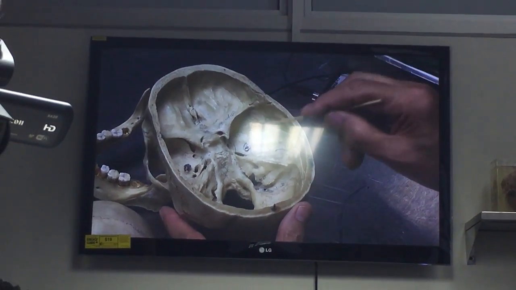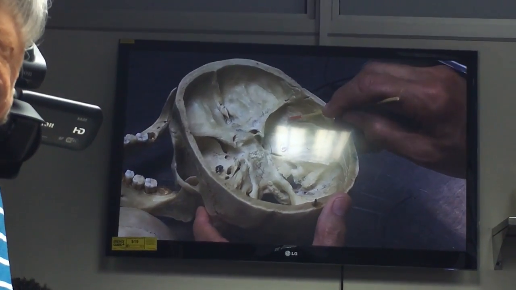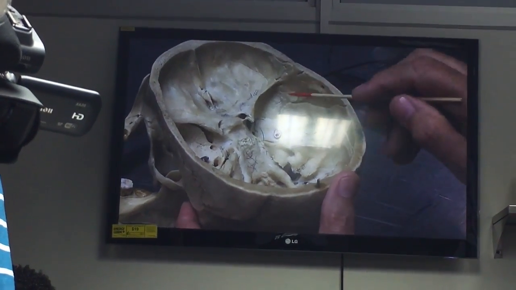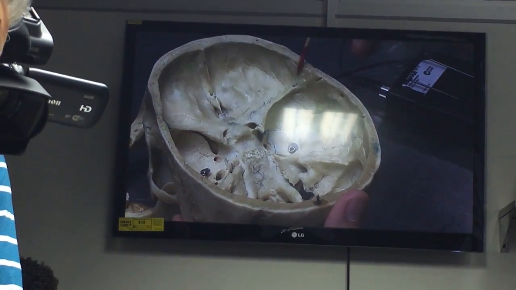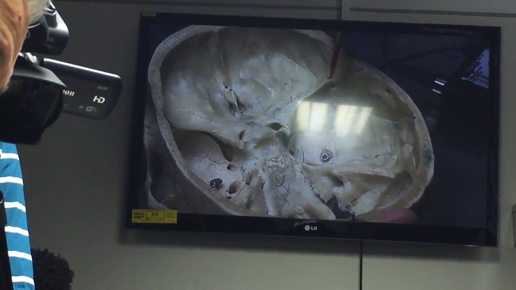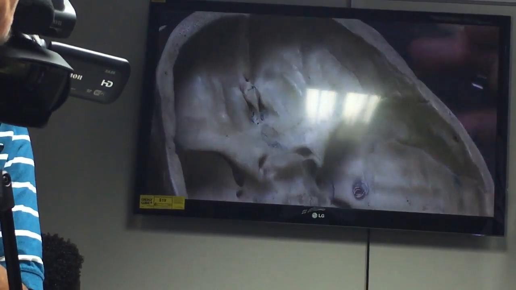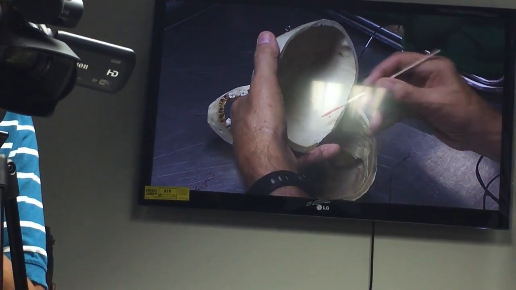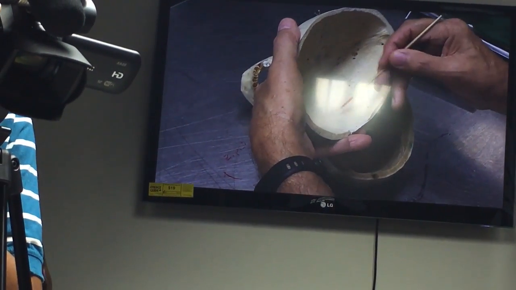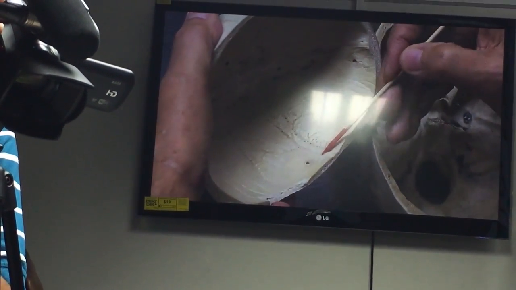The anterior branch, running here, sometimes tunnels the bone, as Mr. Gardner was mentioning to you last week, and here it is actually coming through a little tunnel here, and then it's going to continue upward onto the parietal bone.